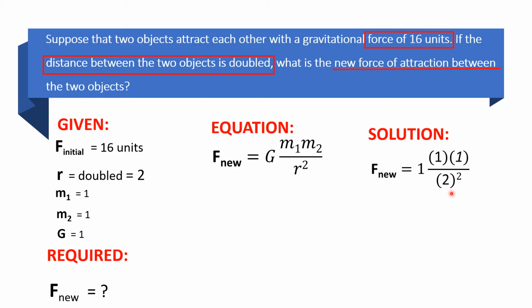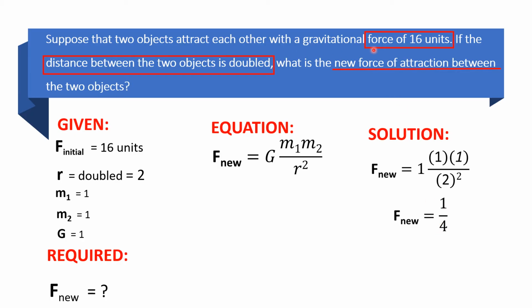So, gaya lang din yun ng pag-solve na ginawa ni ma'am kanina sa proportionality. So, doing the math, 1 times 1 times 1 equals 1, and 2 times 2 is equal to 4. So, the proportionality is this. The value of our new force will be 1/4.